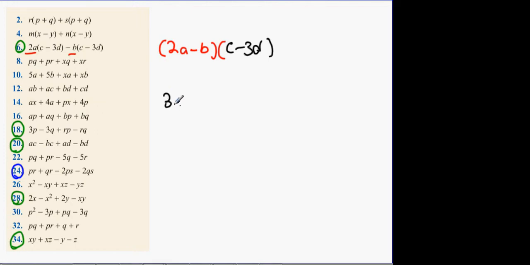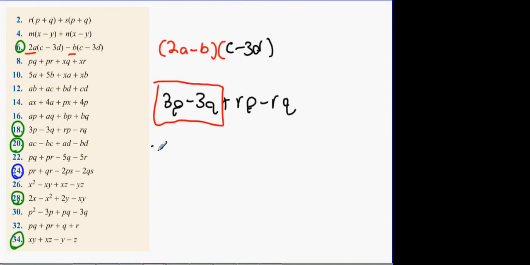Now, see number 8 then. 3p minus 3q plus rp minus rq. What we're going to do next is we're going to try and take out a number. So what number can you take out of the first two, Ben? 3. You take out 3. And when you take out 3, what's left? Now, what do you multiply 3 by to get 3p?